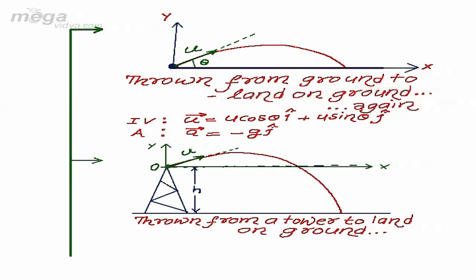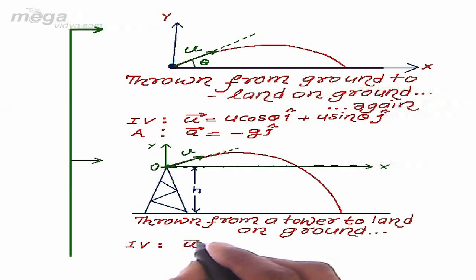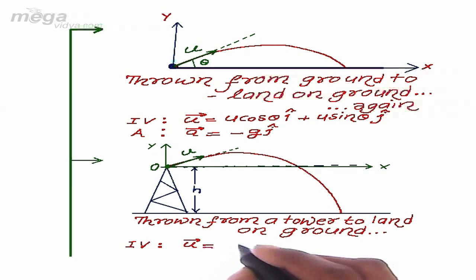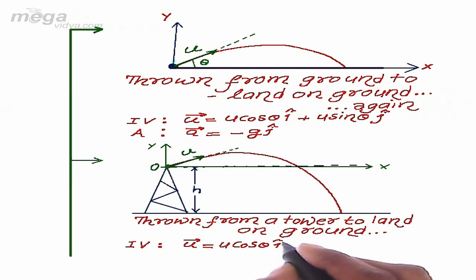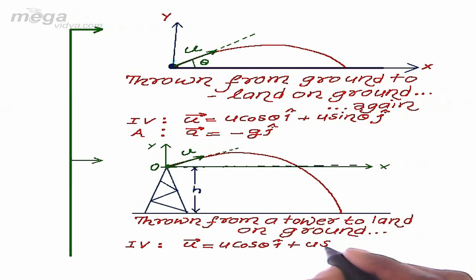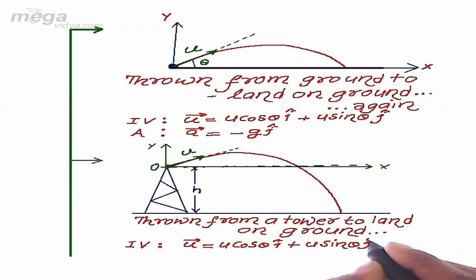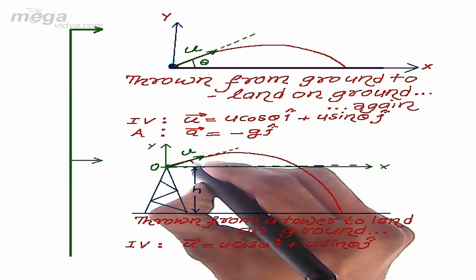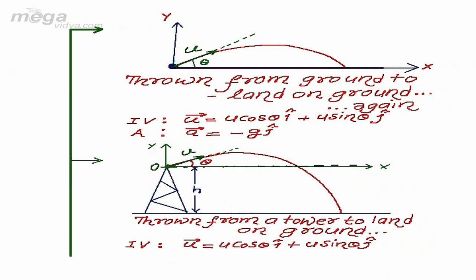Here, we can analyze the basic parameters of the motion with which this motion starts. If we talk about the initial velocity, then it is again vector u, which is u cos theta i cap plus u sin theta j cap, where theta is this angle of projection.